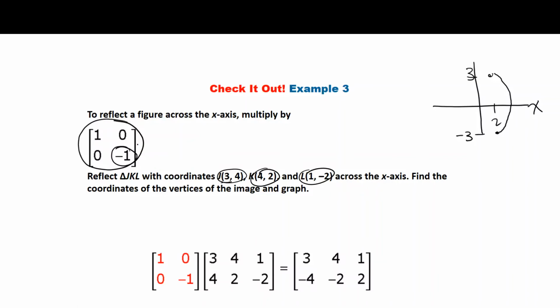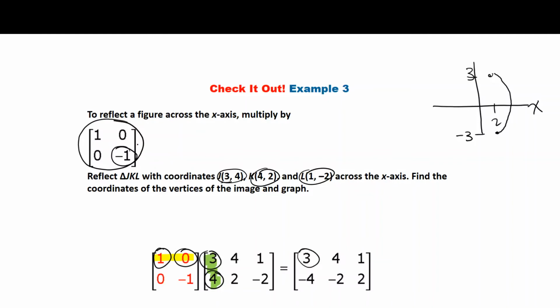One more time, when we multiply matrices, we have to take the information in the first row and the information in the first column. 1 times 3 plus 0 times 4, and that keeps our x the same, 3.